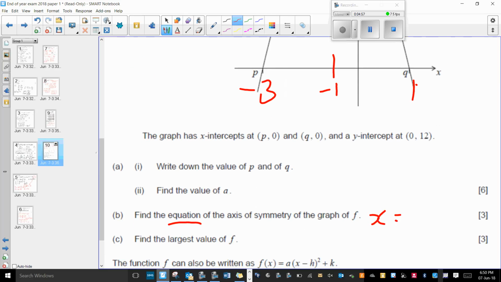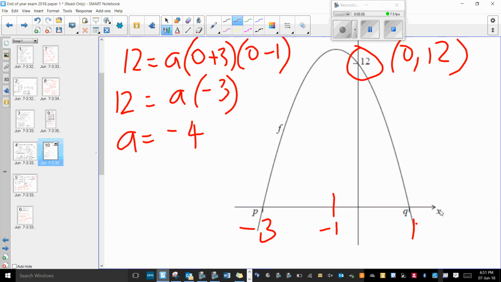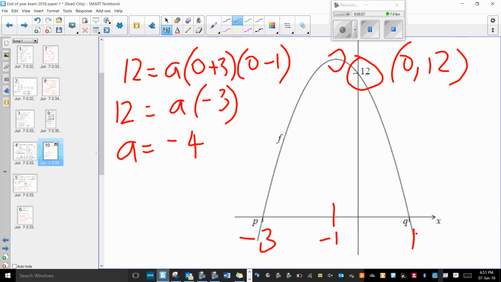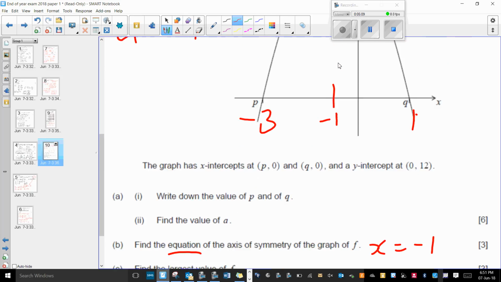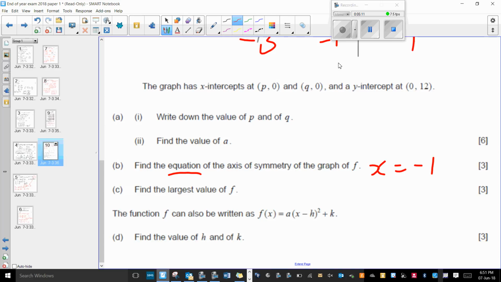And the largest value of f, well, that means we're substituting this value into it, because we know that the maximum happens up here when x is -1. So we've got -4 bracket -1 plus 3 bracket -1 minus 1.